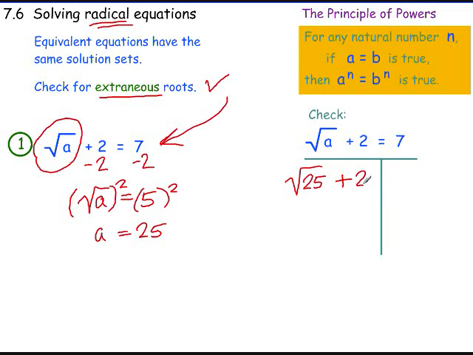That's one side of the equation. The other side was 7. What is the square root of 25? It's 5. Hey, notice, please, we're talking about a positive square root, right? So it's 5 plus 2. We don't have to go any further. We know that works. That's good.